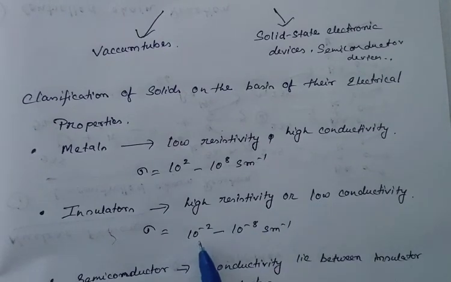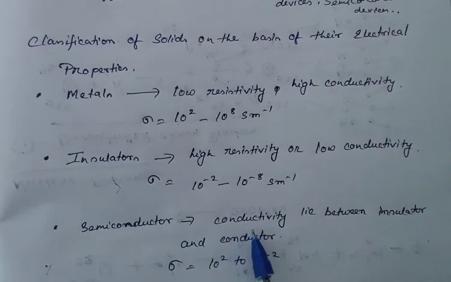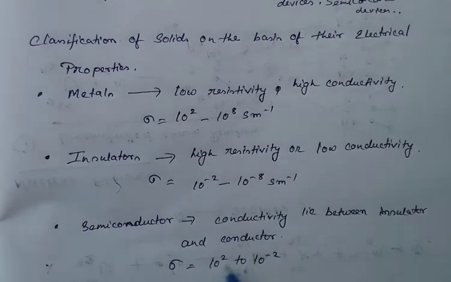Their conductivity lies between 10 to the power minus 2 to 10 to the power minus 8. And semiconductor, their conductivity lies between insulator and conductor, that is their conductivity is 10 to the power 2 to 10 to the power minus 2.